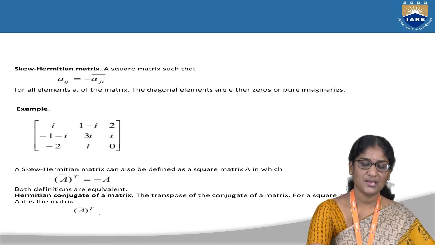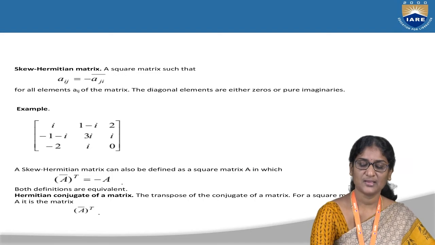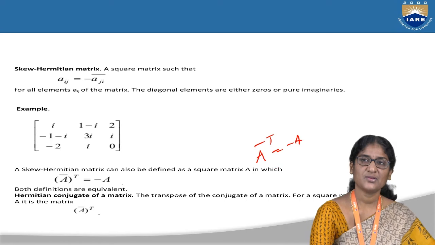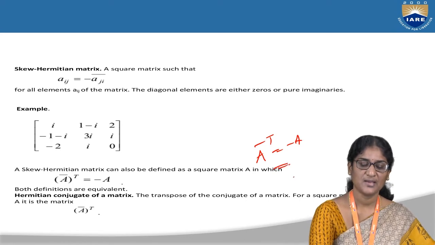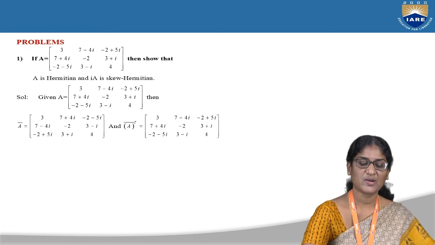Okay, so similarly we can understand the skew Hermitian matrix, that is, A bar transpose is equal to minus A, then you call it a skew Hermitian matrix. Okay, so based on these two properties, we'll do one problem.